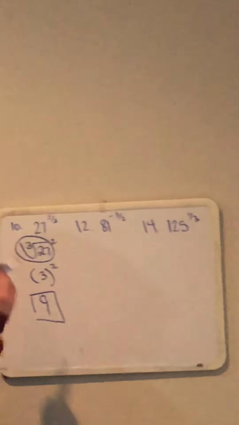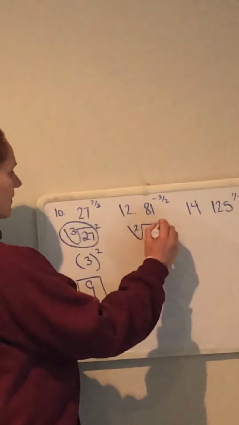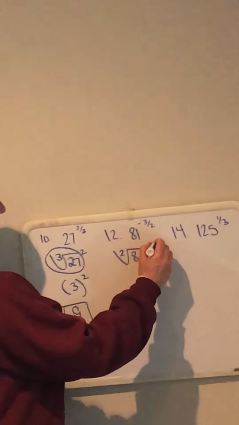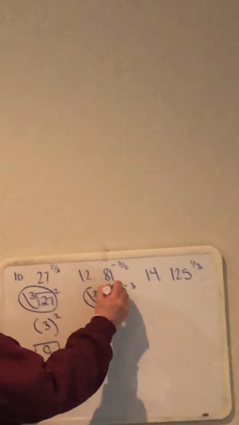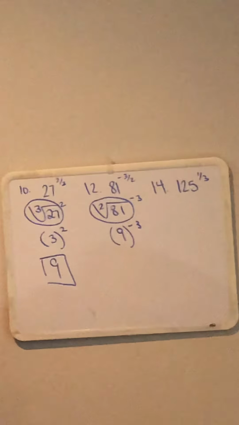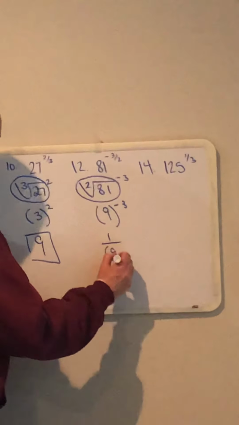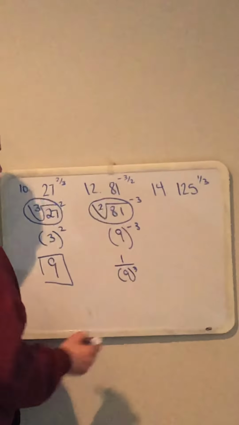81 to the negative 3/2 means the square root of 81 to the negative 3rd. The square root of 81, doing that first, is 9 to the negative 3rd. Now the negative 3rd power is telling me to move the 9, so this becomes 1 over 9 to the 3rd.